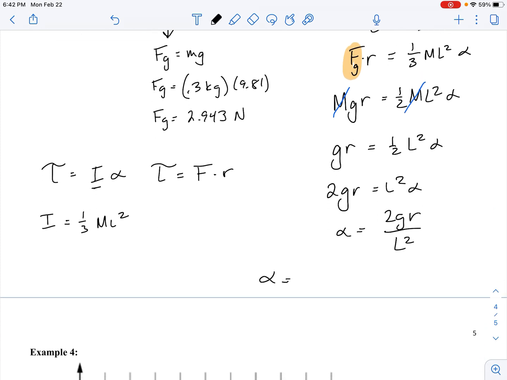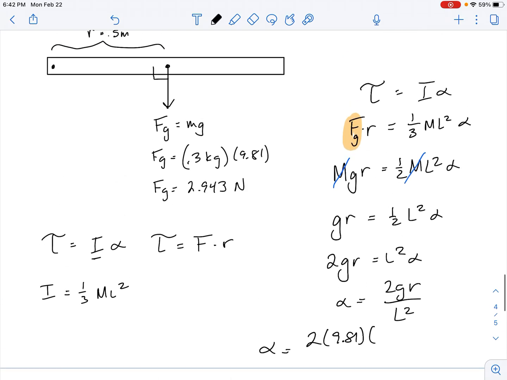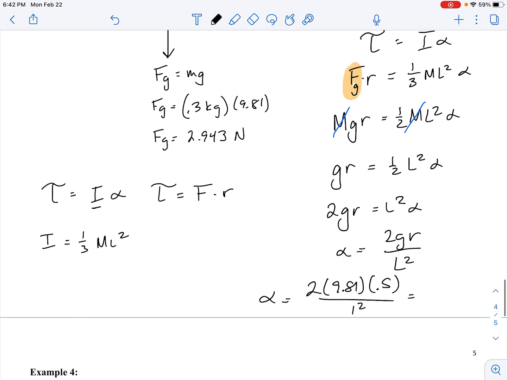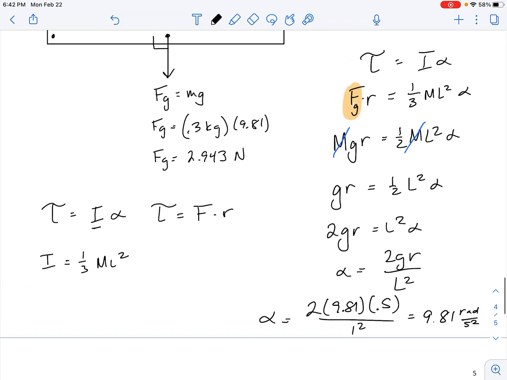And that means alpha will equal 2 times 9.81 times the radius, which was 0.5. And the L is the length of the meter stick, that's 1. So the angular acceleration here is going to be 9.81, but that's radians per second squared.